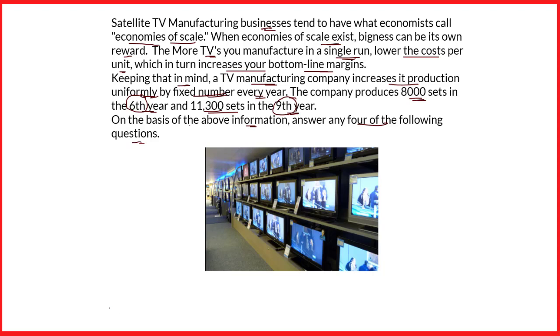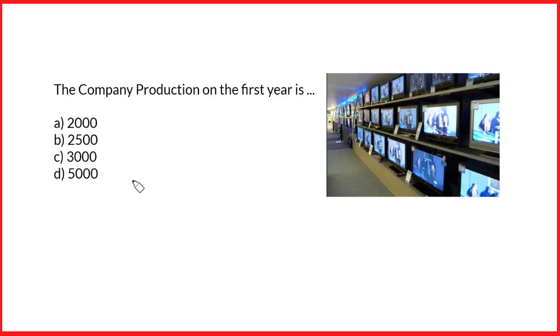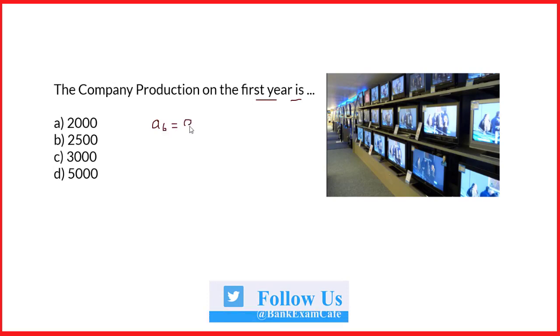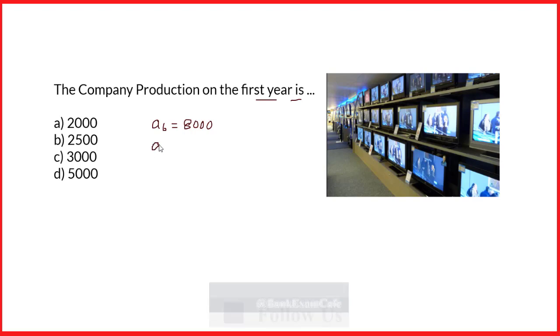So let us see the first question of today's episode. We have to find the company's production in the first year. Here it is given that in the 6th year the production is 8,000, that is A6 is 8,000, and in the 9th year the company's production is 11,300.